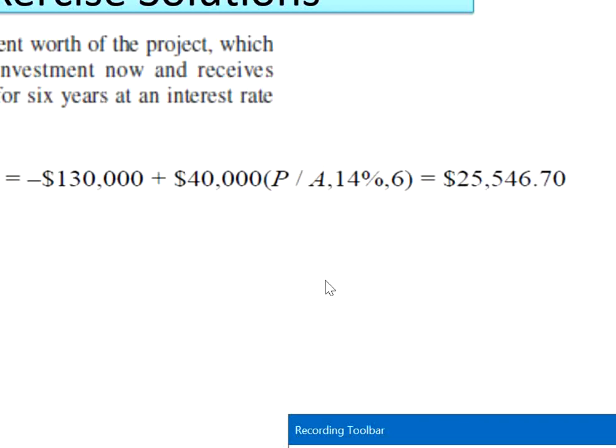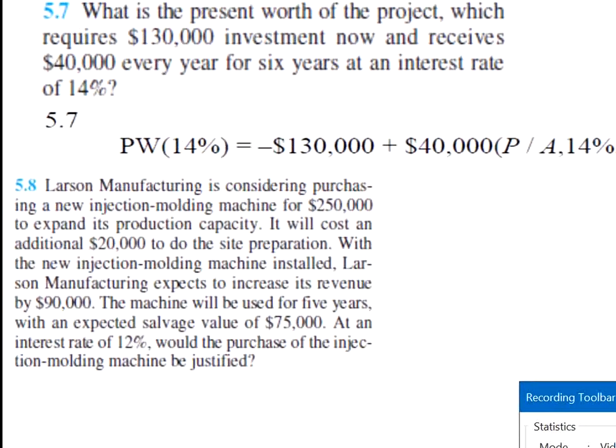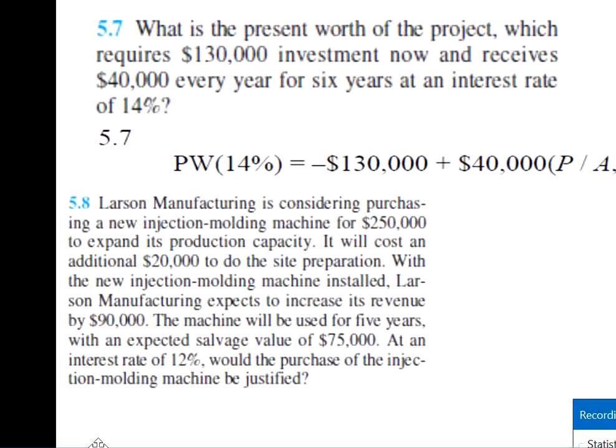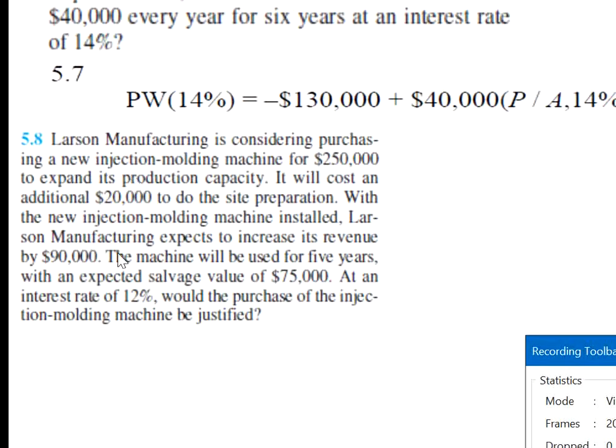Now next question is 5.8. Now, sorry for a little delay.